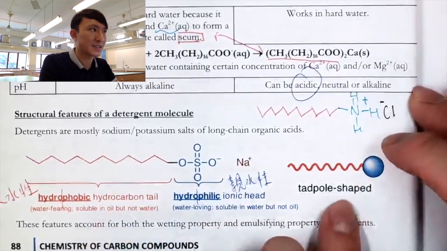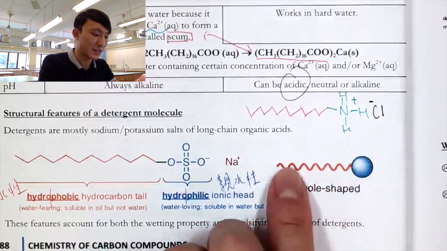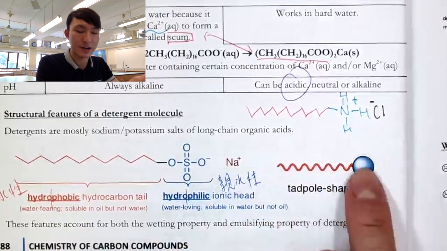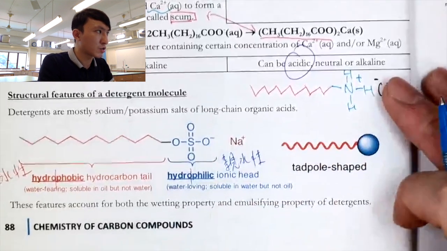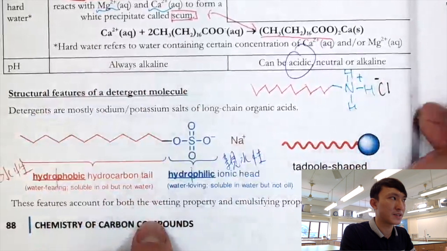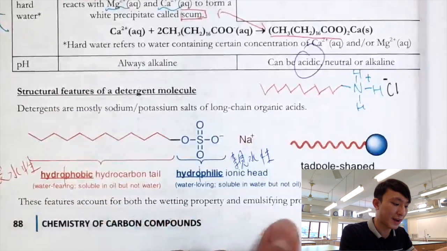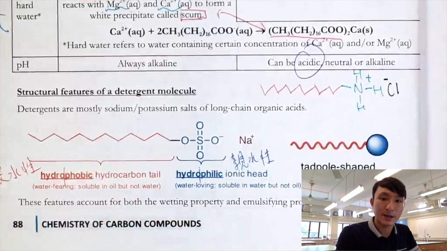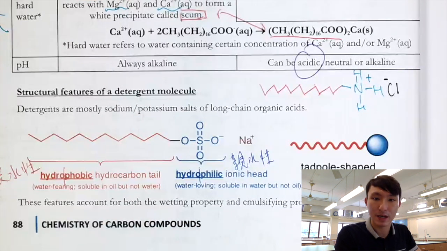Sometimes we describe it as tadpole-shaped, because of the long hydrocarbon tail with a spherical ionic head. This structural property is important because it explains the wetting property and the emulsifying property of detergent. I will explain it later in part 2. Now, this is part 1, so I will stop here and we'll resume in part 2.